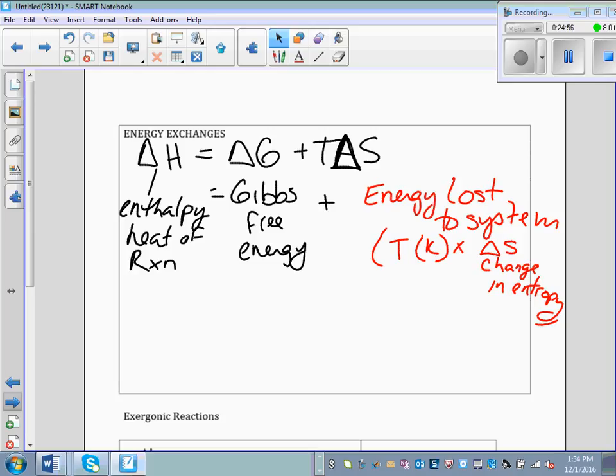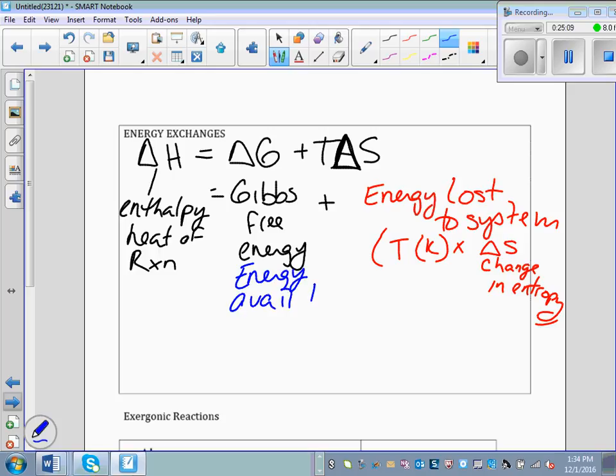That's the total energy. Gibbs free energy is the energy available for a reaction, plus energy lost to the system, which is temperature in Kelvin times the change in entropy.